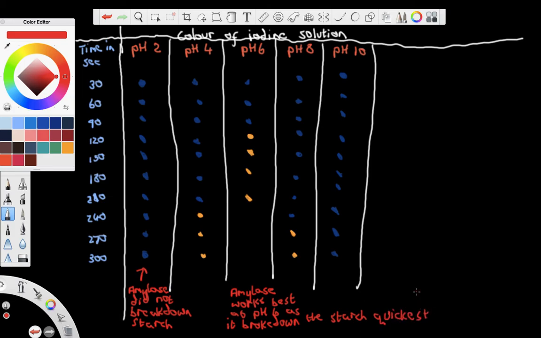Now, if we wanted to work out what's known as the rate of these reactions, so rate is how fast something happens. Rate, how fast a reaction happens.